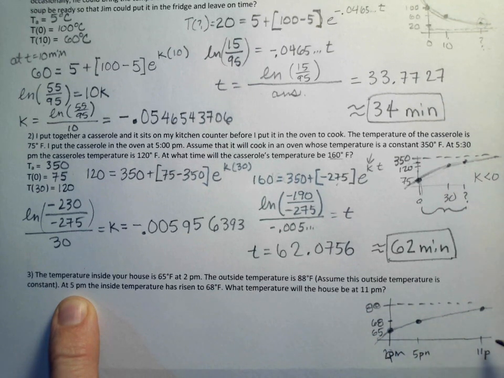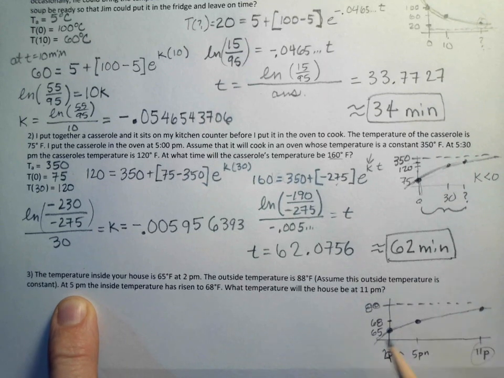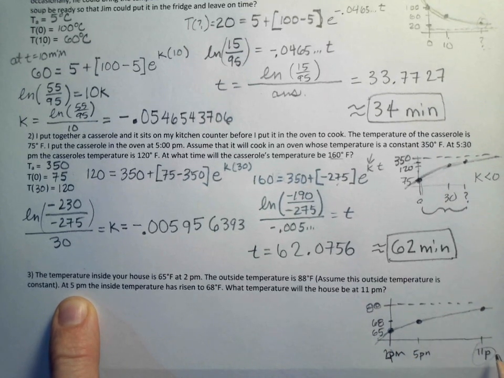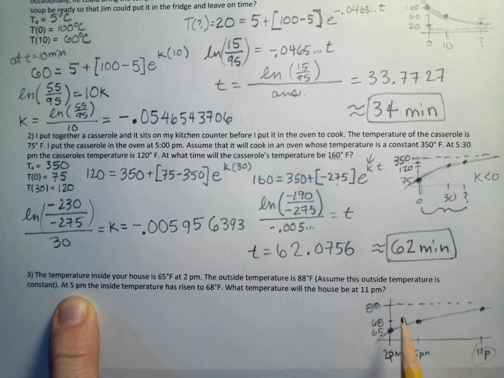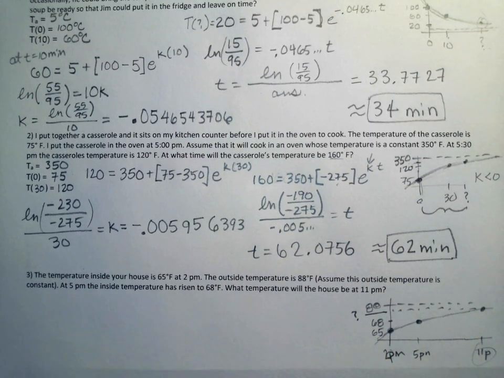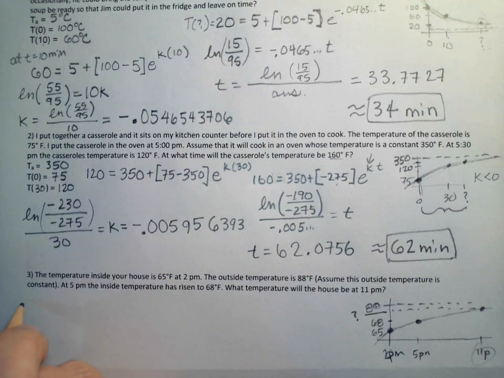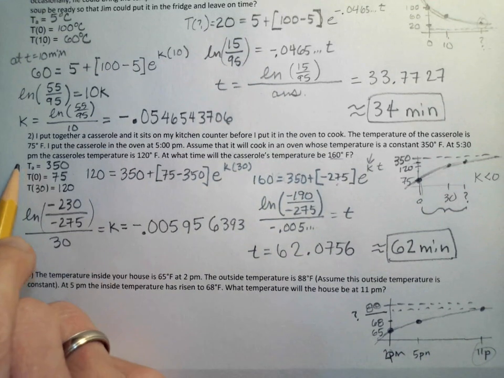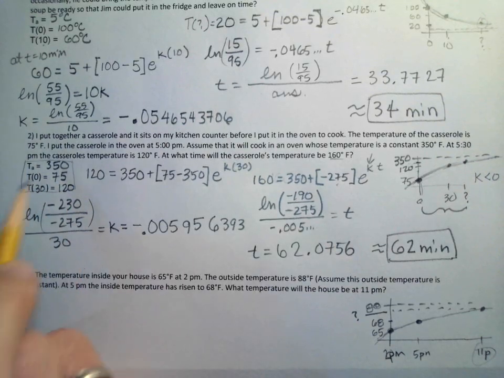In the last couple of problems, we didn't know the time, but we knew the temperature we're interested in. This time we know the time, but we don't know the temperature. So we're interested in knowing, what is that temperature going to be? All right, so let's use those 2 points to find our K. I didn't write this stuff out, but it's not a bad idea to write that out again.